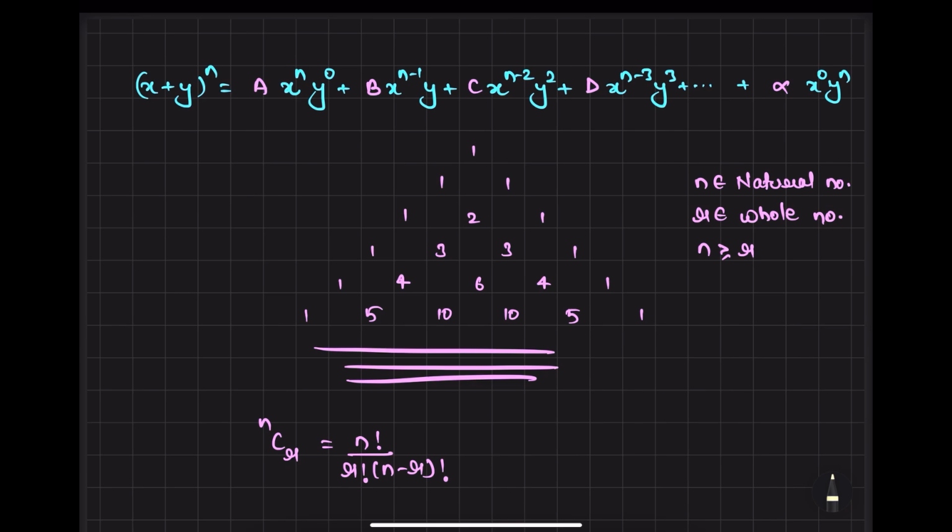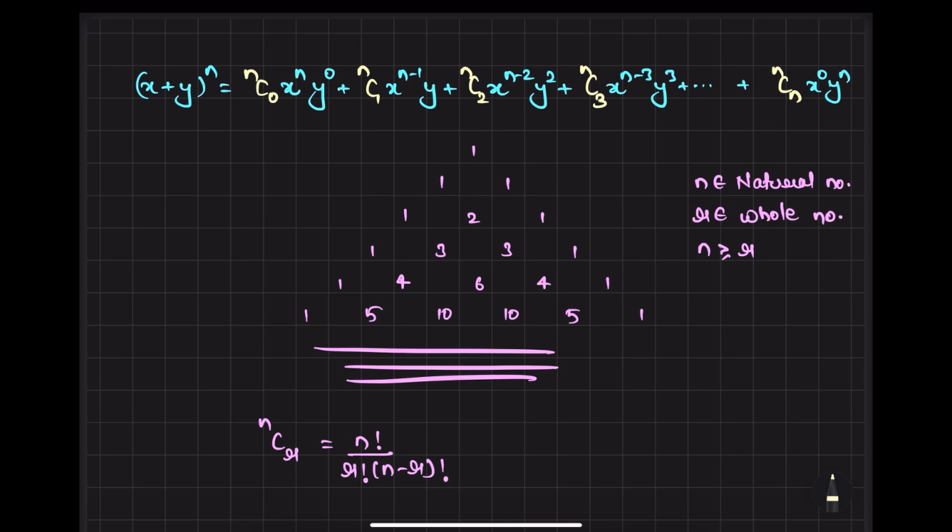The idea is, if you want the coefficient of the first term, go with nC0. The second term, nC1. Third term, nC2. Fourth term, nC3. And the last term, nCn.